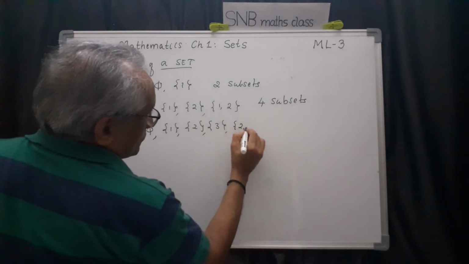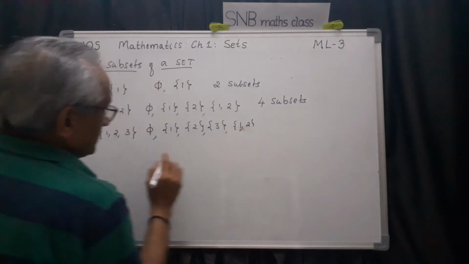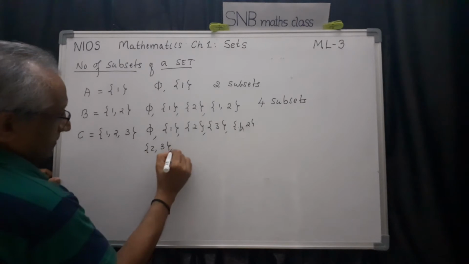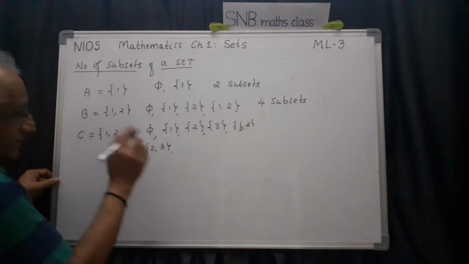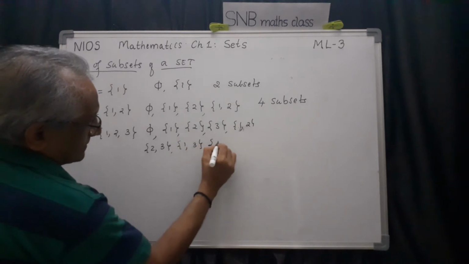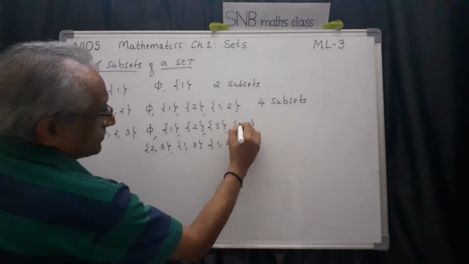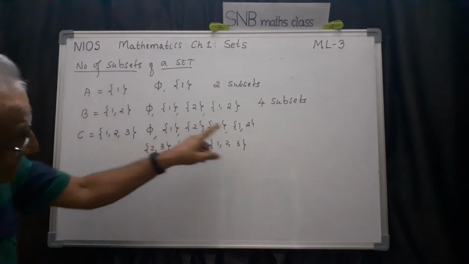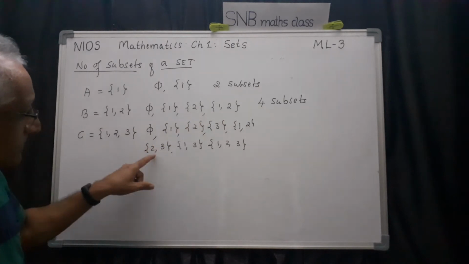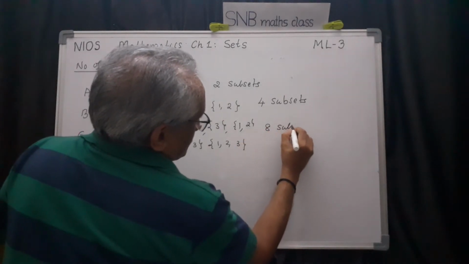For example, {1, 2}. This is the first one. I will write here {2, 3}. This is the second one. And one more is possible, {1, 3}. And the other one is the set itself, {1, 2, 3}. So if you look here, how many subsets are there? 1, 2, 3, 4, 5, 6, 7, 8. Therefore, 8 subsets are there totally.